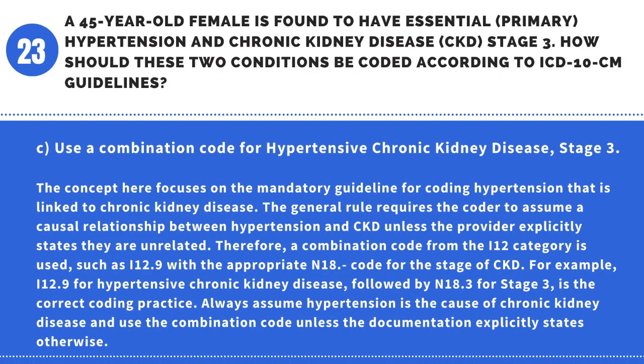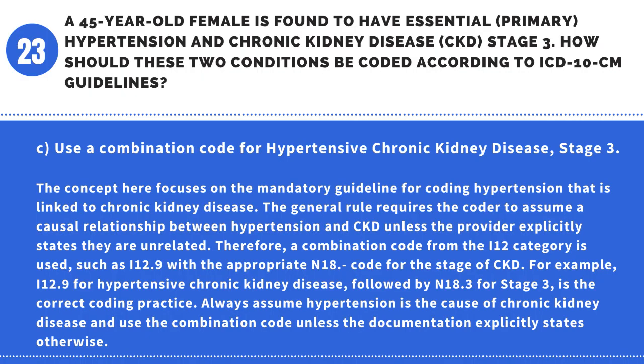Answer C. Use a combination code for hypertensive chronic kidney disease, stage 3. The concept here focuses on the mandatory guideline for coding hypertension that is linked to chronic kidney disease. The general rule requires the coder to assume a causal relationship between hypertension and CKD unless the provider explicitly states they are unrelated.